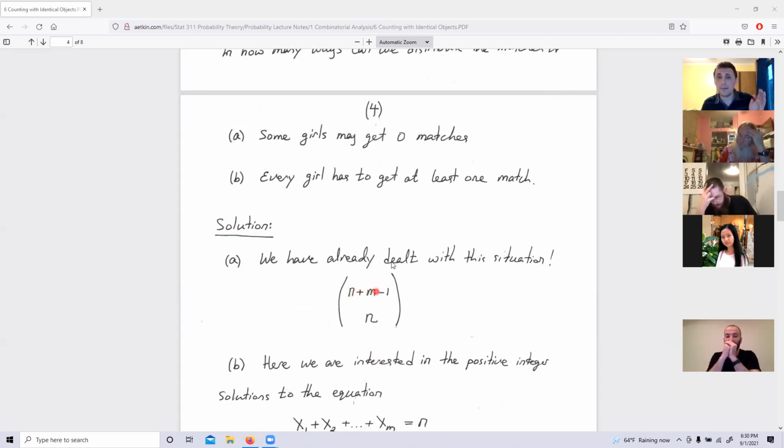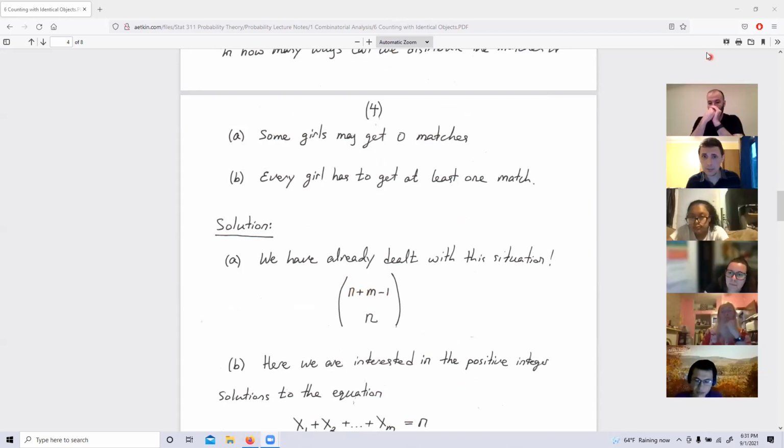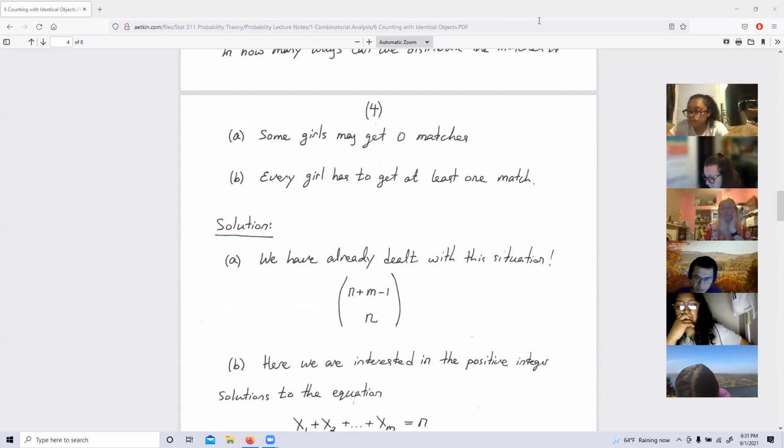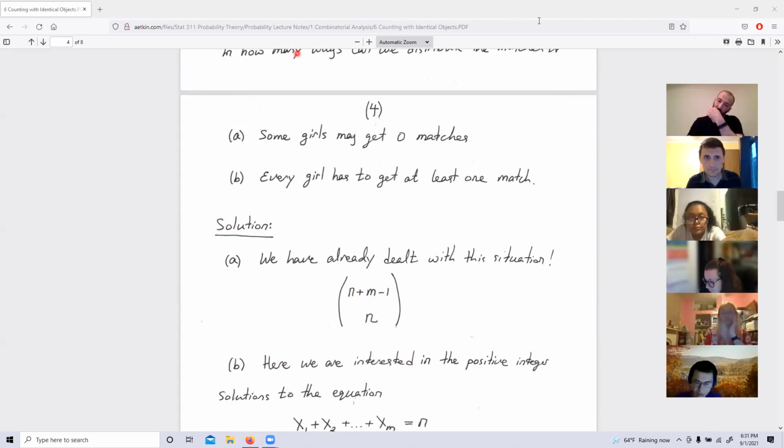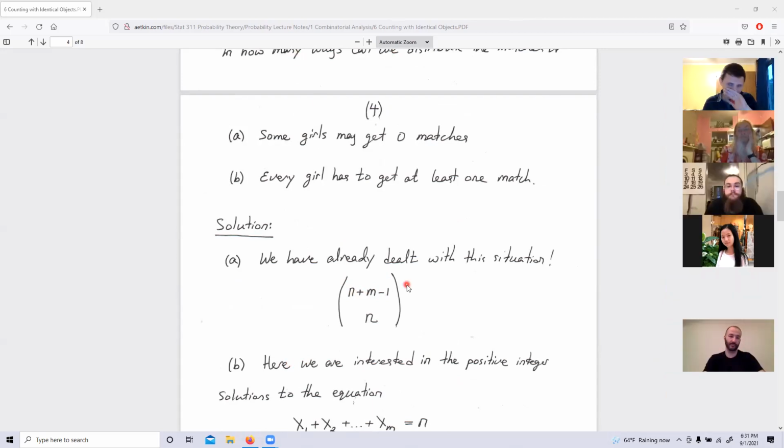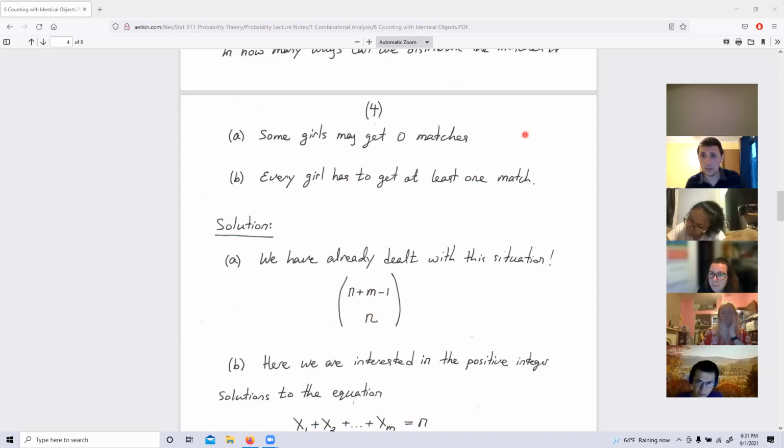Altogether, N plus M minus 1 spaces on the conveyor belt, correct? And we need to pick N of those spaces to be assigned to be the matches.